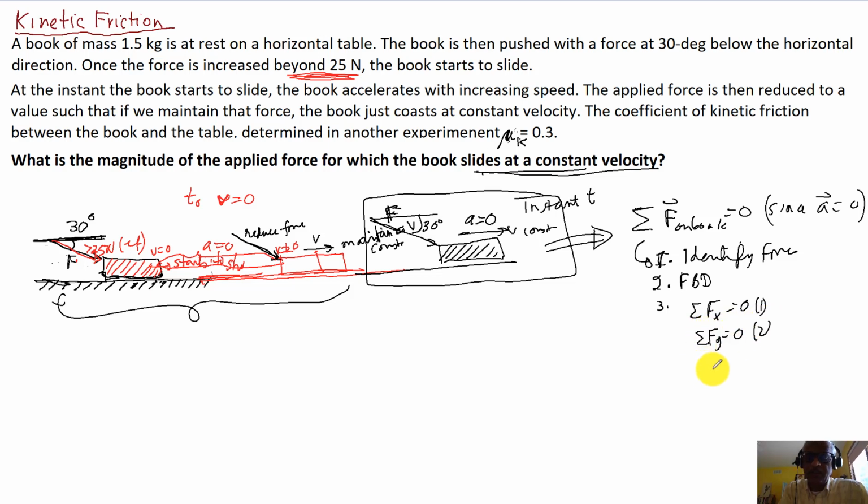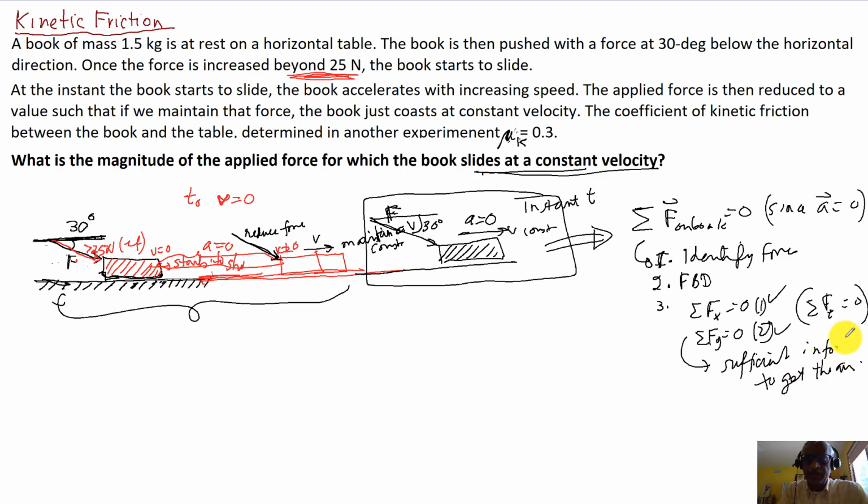And if you had a third dimension, you'd have F z equal to 0. But we really don't deal with that in these elementary problems. So these two equations will have sufficient information to get the answer.